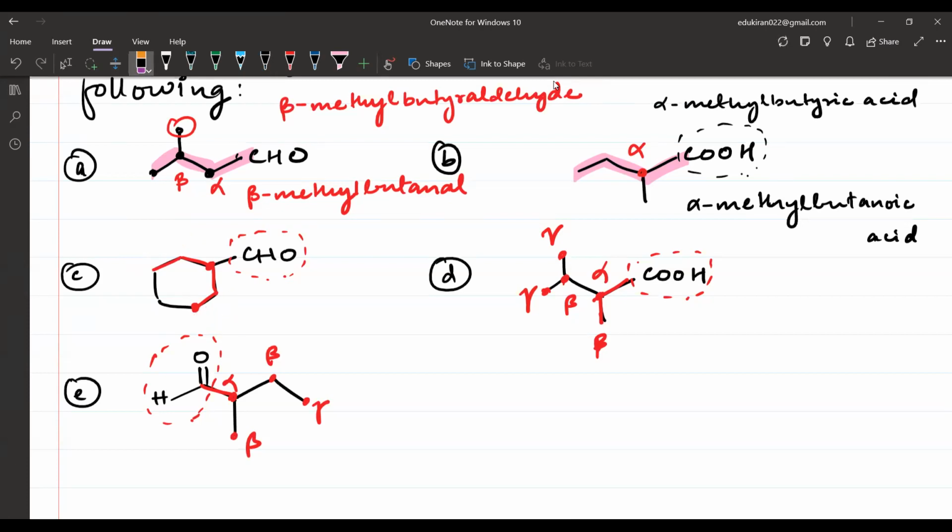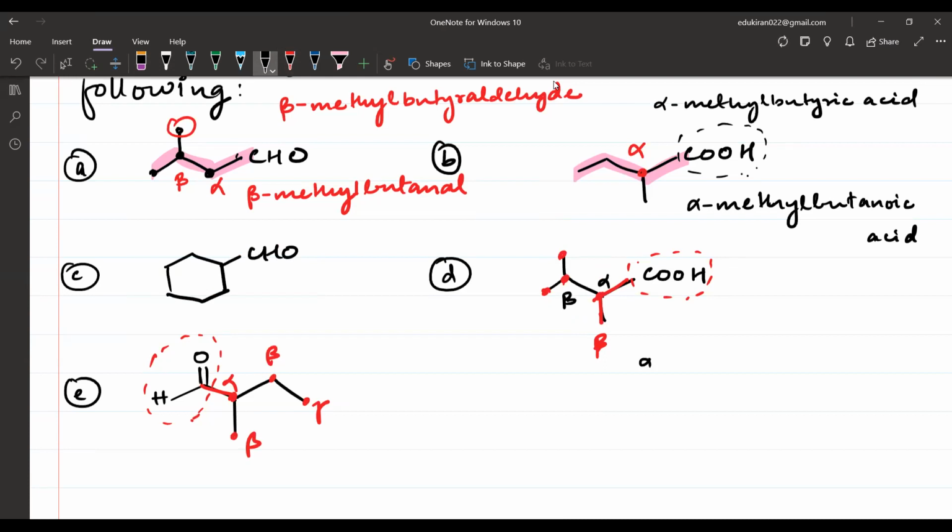Here there is no alpha beta used because it is just cyclohexanone. Since this does not have any substituent, you don't need to worry about this one. But let us look at this case. Now, in this case, we have one methyl at alpha, one methyl at beta.